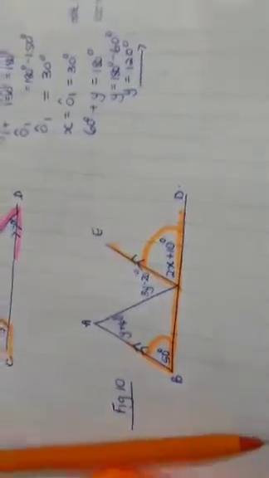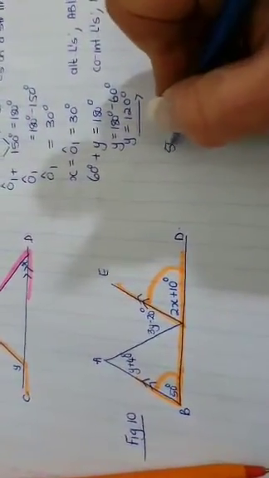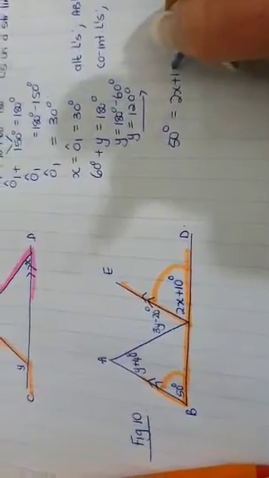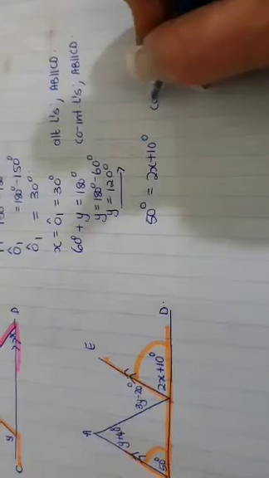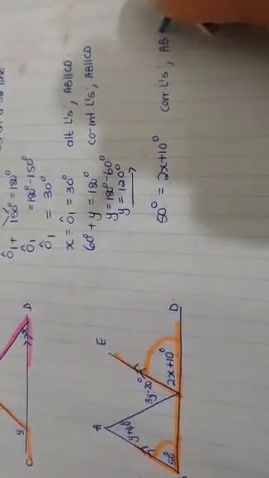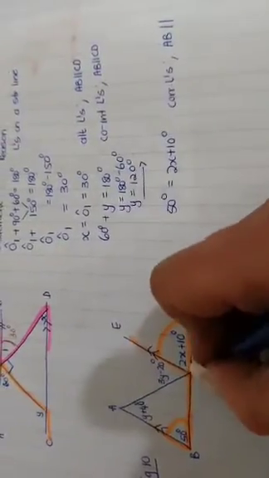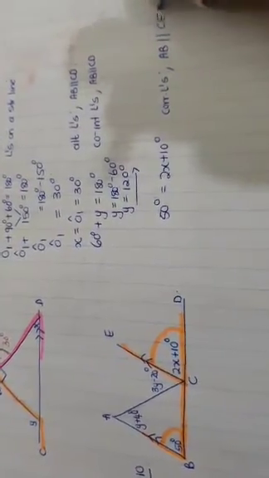So in making your statement, you will say 50 degrees equals 2x plus 10. Your reason will be corresponding angles, because AB is parallel to CE.